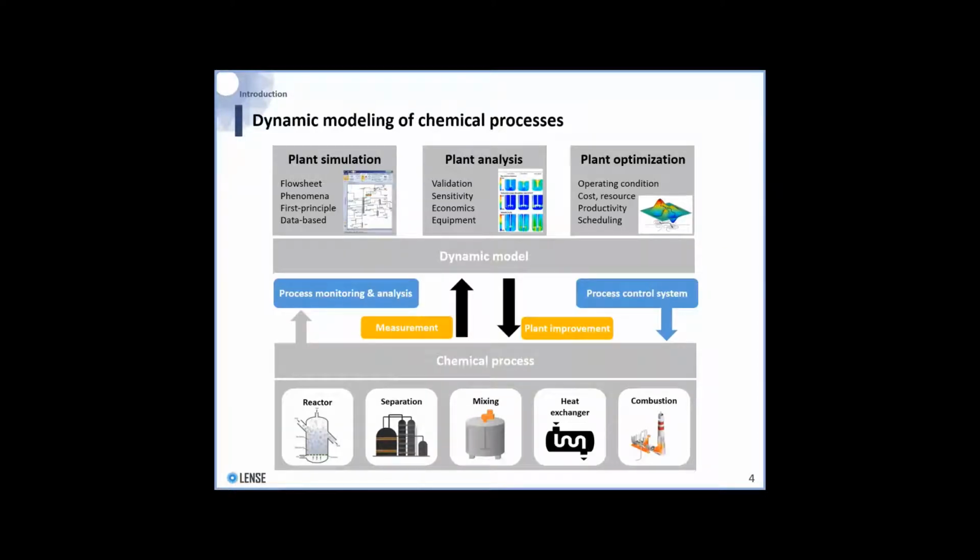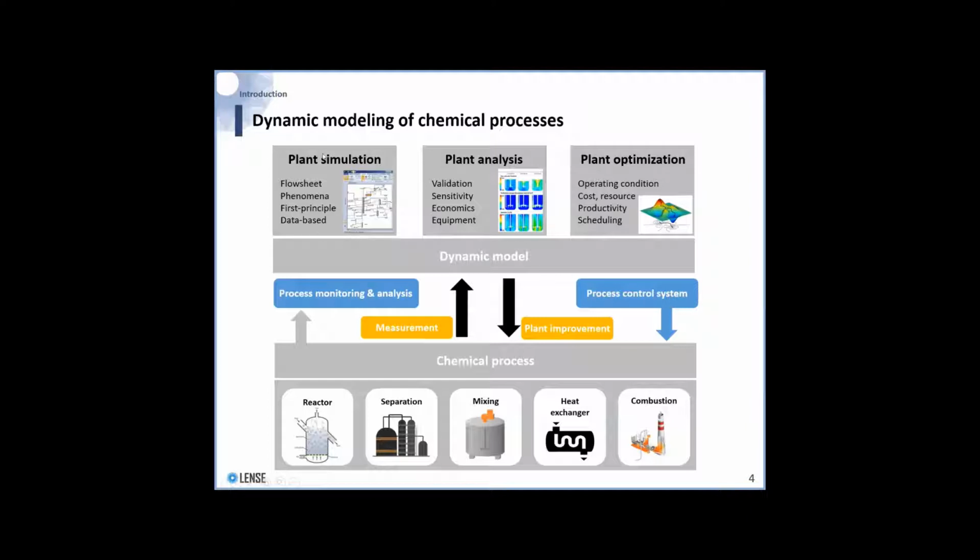Okay, so the idea is that you create this dynamic model, and you can simulate, you can analyze, you can optimize, you can do various things with it. Now, what you may receive from the process itself would be measurements, data, right? And you can incorporate these measurements to assist the model, certainly, because there may be unknowns in the model.